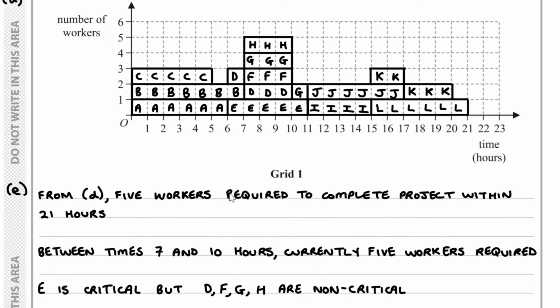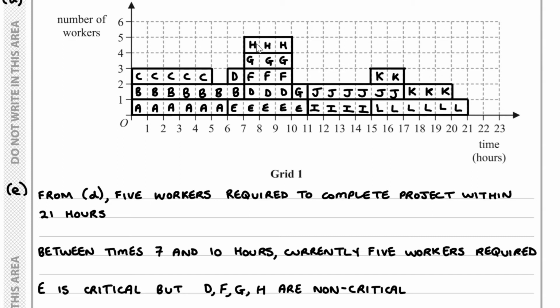Now, you can see here, activity A is critical, but activities D, F, G and H are non-critical activities. And we want to complete the project within 21 hours, but for us to do that, we want to use fewer workers than 5 workers. Let's see if we can use, say, 4 workers.